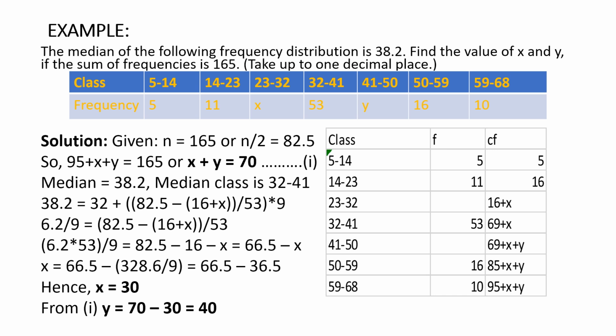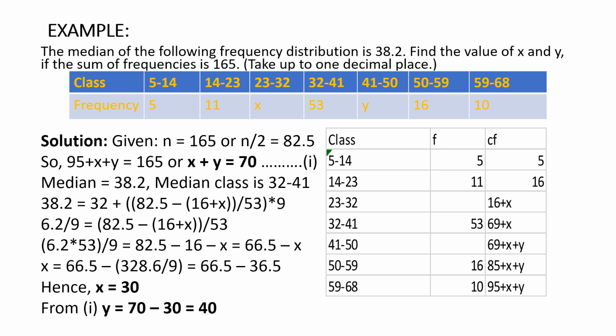Now first thing is we obtain the cumulative frequency for the distribution. For the first class it is 5. For the second class it is 11 plus 5, which is 16. For the class 23 to 32 its frequency is x. So cumulative frequency will be 16 plus x. For 32 to 41, its frequency is 53.